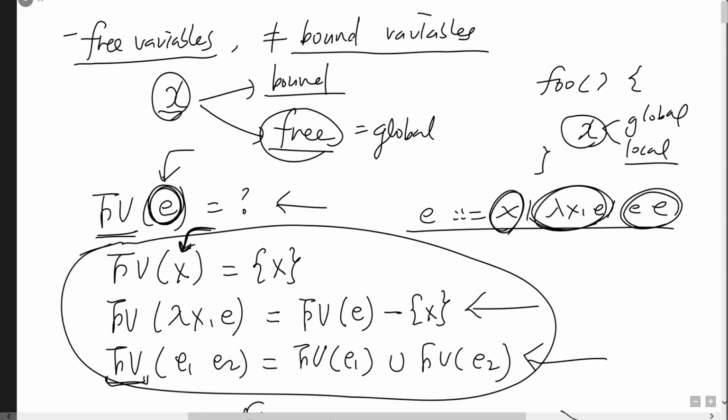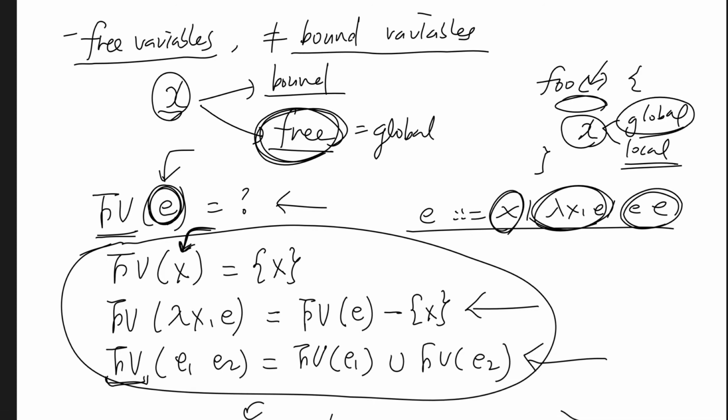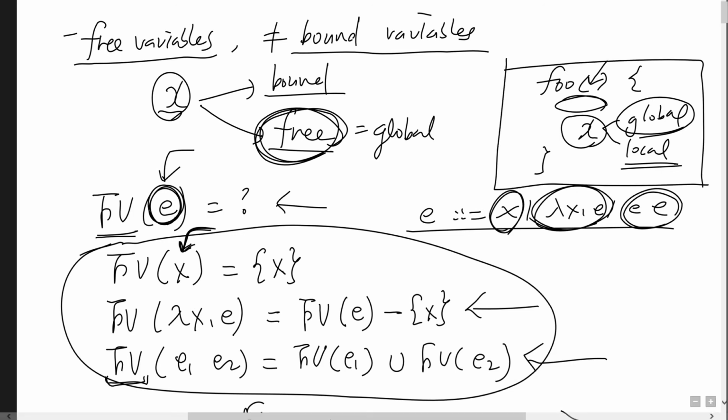If it is a local variable, it is declared here or it is given as an argument. So you can think of free variables as basically the counterpart of global variables in C. They are not bound anywhere. In C, these global variables are not declared in any function. But that's the notion of free variables.